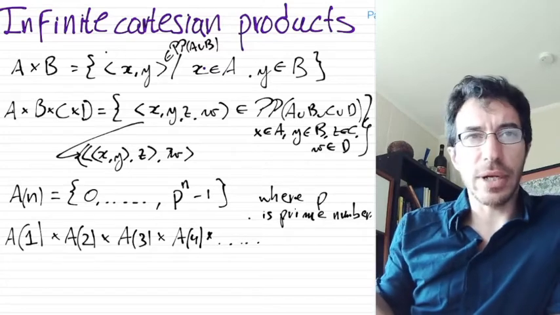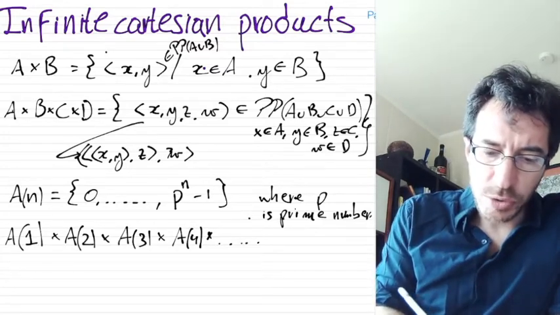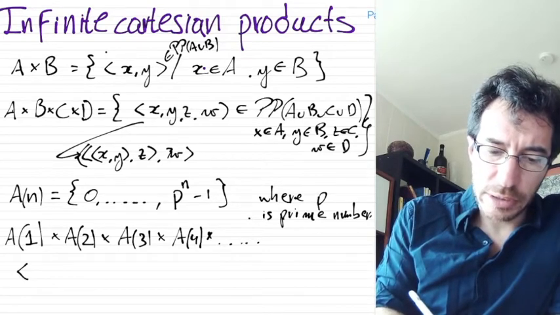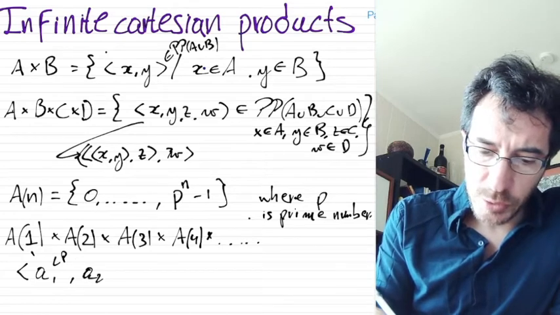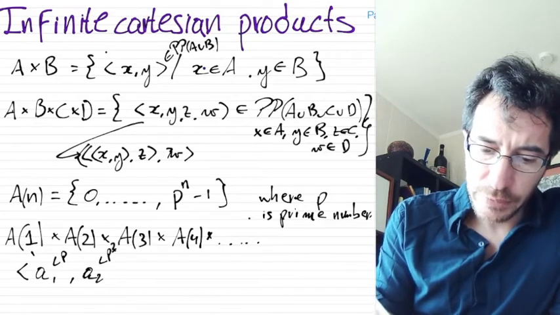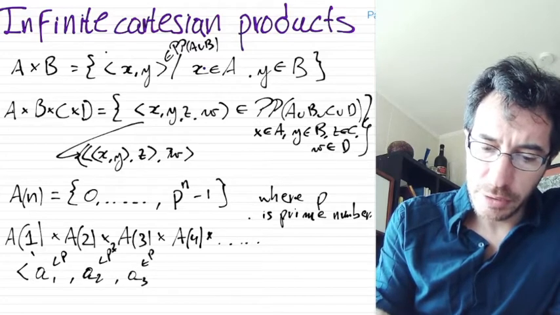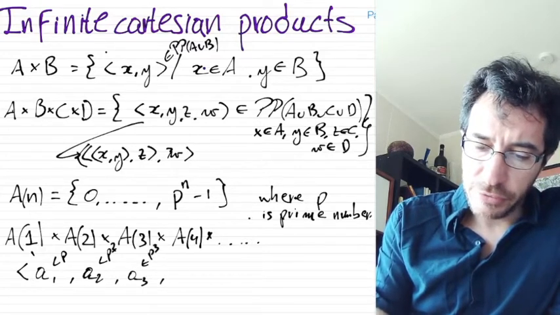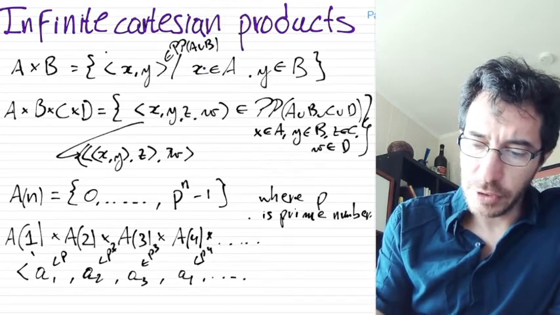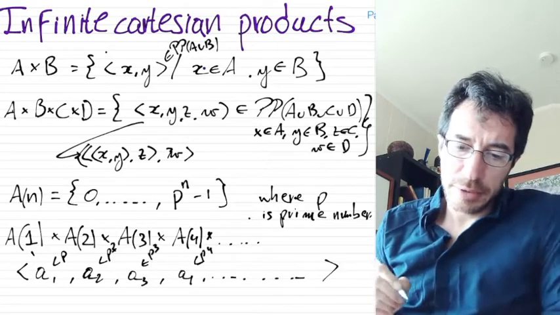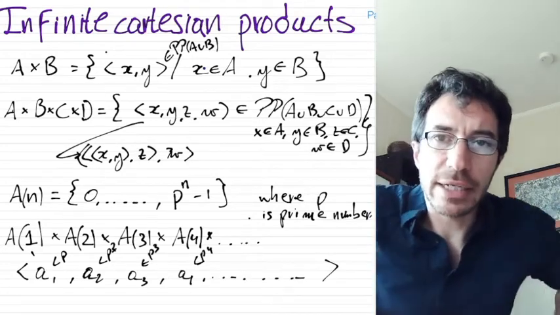Well, I guess you could say it has to be an infinite tuple, something that looks like an element a1 that is below p, and another element a2 that is below p squared, and an element a3 that is below p cubed, and an element a4 below p to the 4, and so on and so forth. We would like that infinite tuple to be an element of the Cartesian product of these infinitely many sets, right?